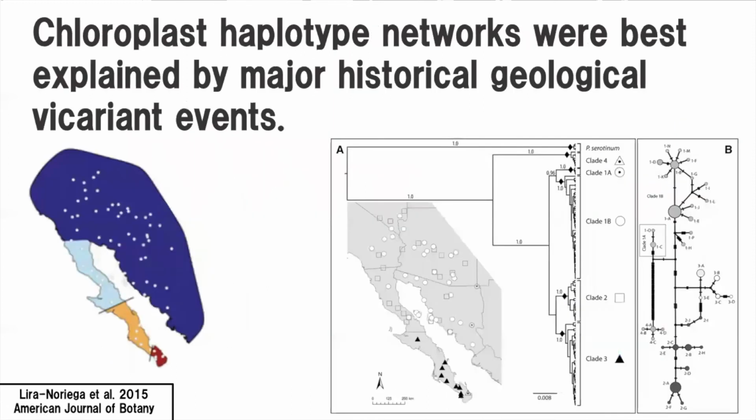And what he found was that of all of those different hypothesized relationships, the chloroplast network was best explained by this particular set of geological vicariant events, where Cabo is a distinct population than basically the rest of southern Baja, then Baja California, the northern part of the peninsula, versus the rest of the range, basically Sonora and the desert southwestern United States.